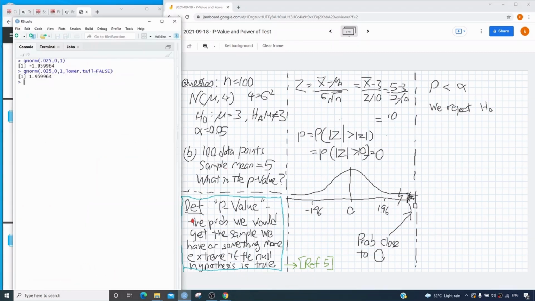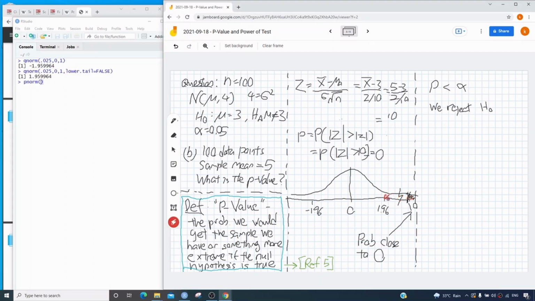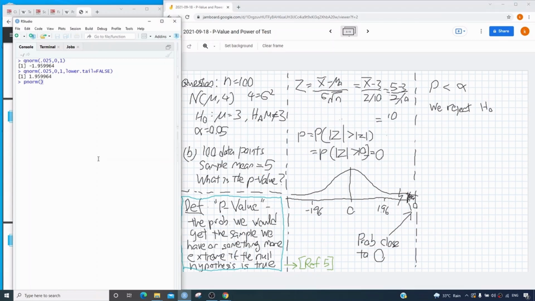So we will use the formula pnorm. To illustrate the thoughts leading to calculating the probability of the value 10, we can first calculate the value of 1.96. What's the probability at 1.96?